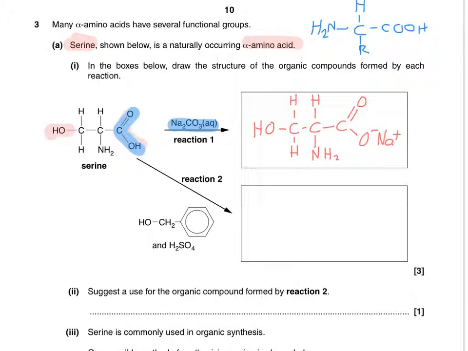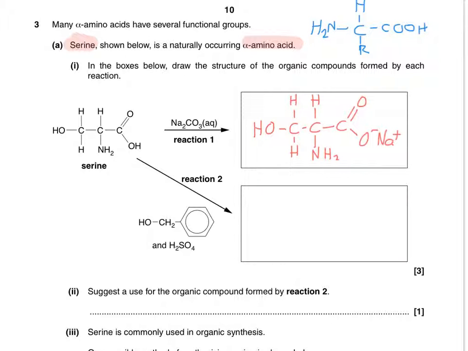So if we now have a look at the next reaction, reaction 2, I'm going to remove some of the highlights and now bring your attention to that part there. So here we've got the alcohol group reacting instead. Beg your pardon, we don't have the alcohol group reacting, let me just remove that.